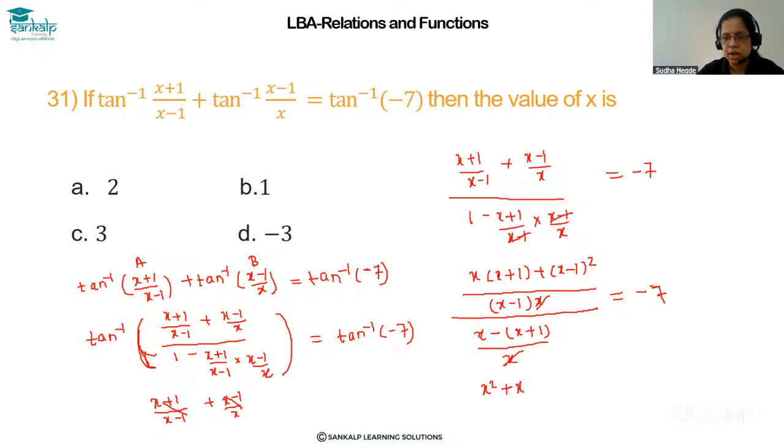Numerator is x square plus x plus x square plus 1 minus 2x, because (x minus 1) the whole square is x square plus 1 minus 2x.